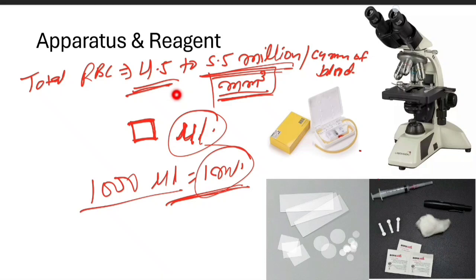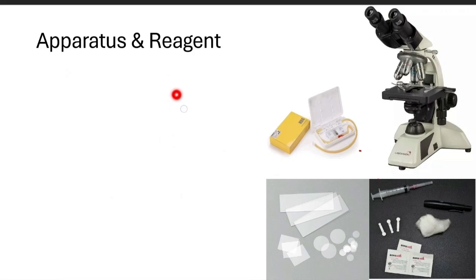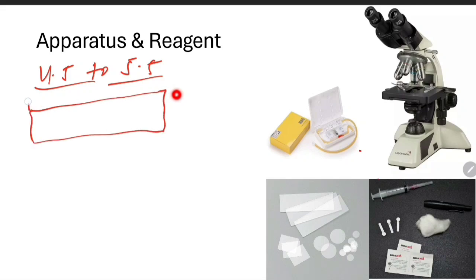One more thing here I want to discuss. 4.5 to 5.5 is the normal range, but in case of female, suppose I draw a scale. Suppose this is 4.5 and this is 5.5. In case of female, the count is slightly less. Suppose this is the female count.